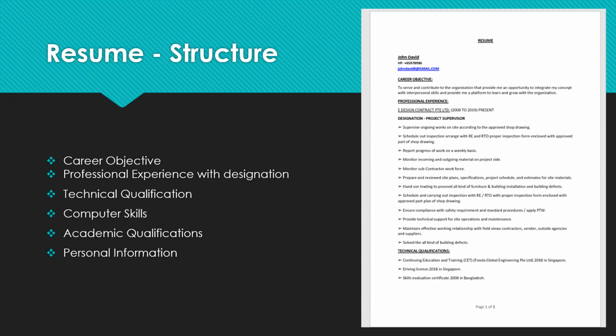You can say what your career goal is, what you want to become at some point of time. For this example, we have given: to serve and contribute to the organization that provides me an opportunity to integrate my interpersonal skills and a platform to learn and grow with the organization. This is just an example of how to write a career objective. You can always search the net to see a lot of examples. For now we'll go with this example.